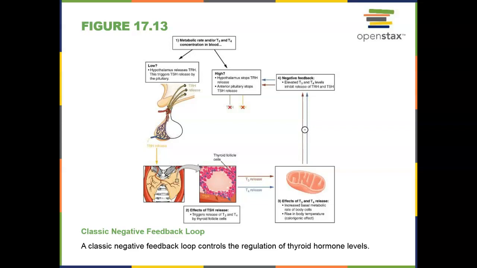Thyroid hormone then increases ATP production and increases metabolism. When we have high levels of thyroid hormone in our system, that's going to inhibit the hypothalamus and the anterior pituitary from releasing their hormones, and that decreases the amount of thyroid hormone in our system.